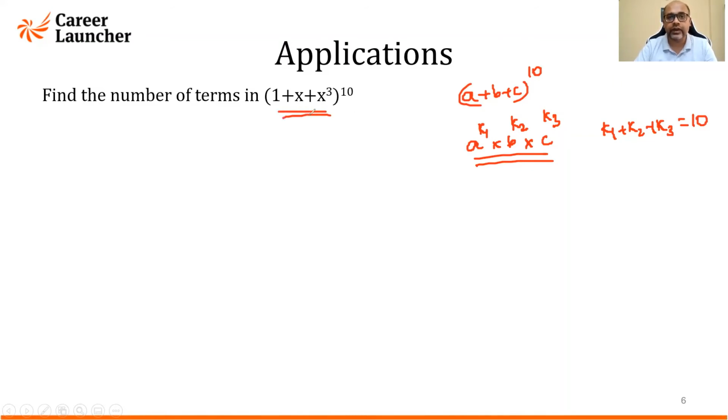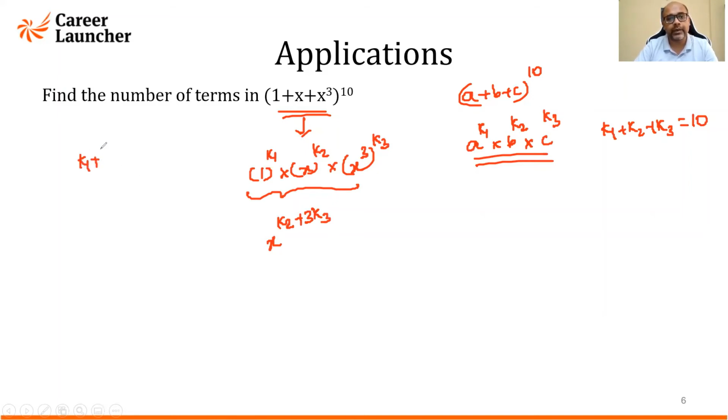For this, the term will look like 1 power k1 into x power k2 into x cubed to the power of k3. So this will result in x power k2 plus 3k3, because that is the simplified version. Now keep in mind, here also we need k1 plus k2 plus k3 equal to 10. You can't go less than this or more than this.